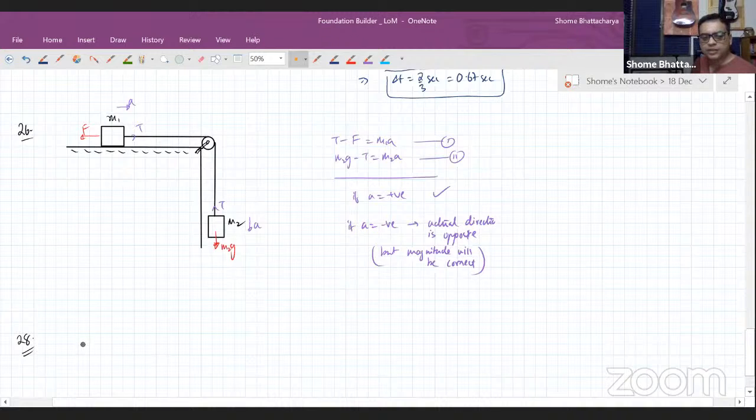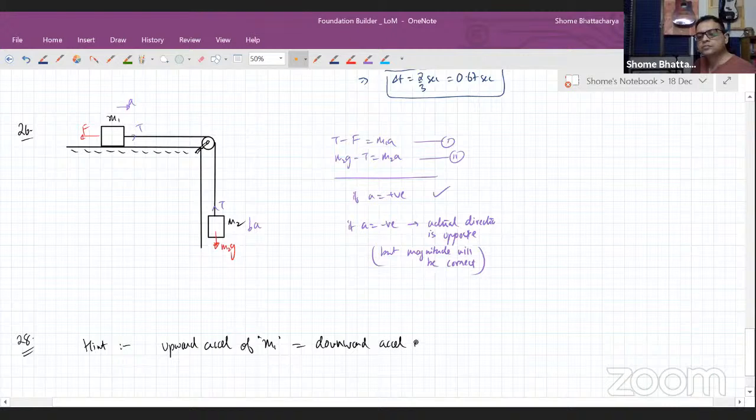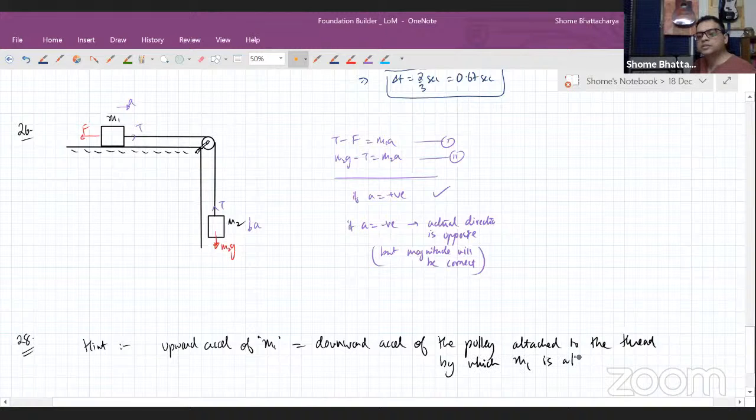So in 28, I will give you the hint that the upward acceleration of block M1 will be equal to the downward acceleration of the pulley attached to the thread by which M1 is attached.